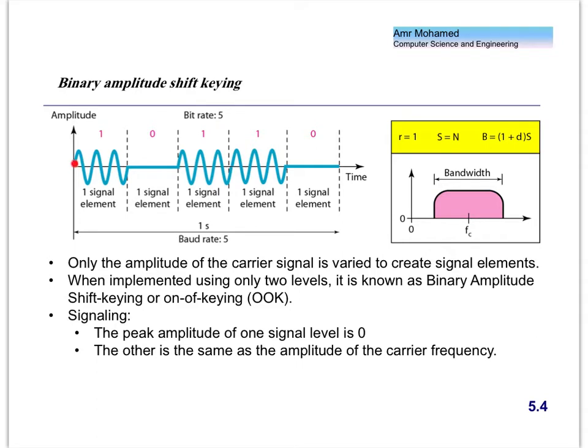As we said, we have to convert the digital bits into an analog signal, so that we eliminate the low frequency components here, because the channel or the medium has a bandpass effect. So the 1 is sent as a sine wave with a fixed frequency, and the 0 is sent as a sine wave with 0 frequency, which means 0 voltage.